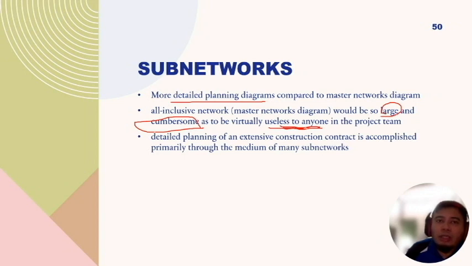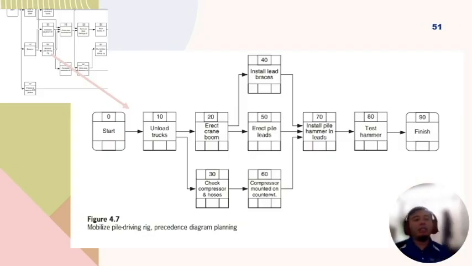Operation personnel would like to know only the job that they need to carry out. So the detailed planning of an extensive construction contract is accomplished primarily through the medium of many subnetworks. Usually they break down into smaller networks of precedence diagrams.